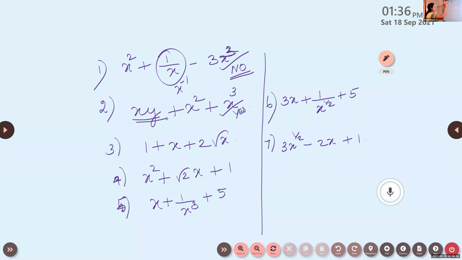Okay, the first one is not at all a polynomial in two variables. What about the next one? The third one? Is it a polynomial? No. Why? Root x is there. Therefore, it is not at all a polynomial.